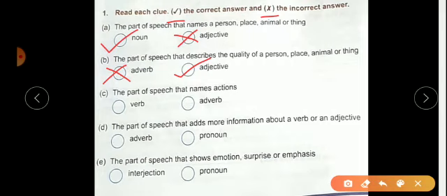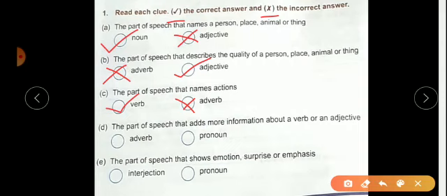Next, C1. The part of speech that names actions. Let me repeat the sentence. The part of speech that names actions. Which definition is it? Verb or adverb? Verb. Next, D1.